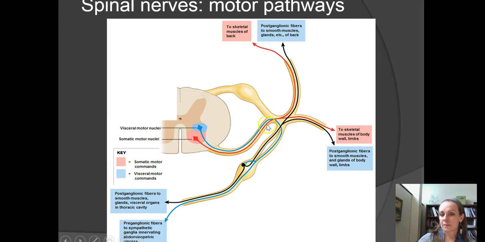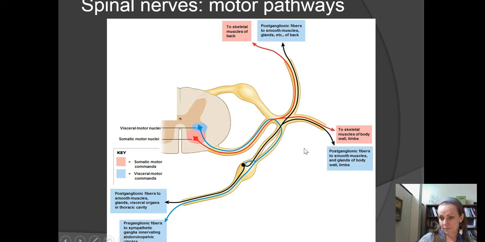Then we go through the spinal nerve. If we're going to the back, we would then take the dorsal ramus. If we're going to the front part of the body or the limbs, either the arms or legs, then we're going to take the ventral ramus. So somatic motor is pretty straightforward.